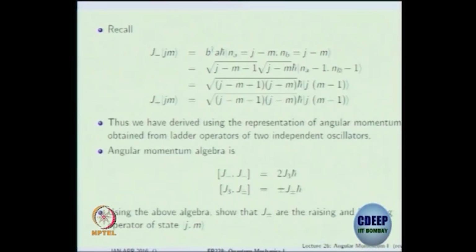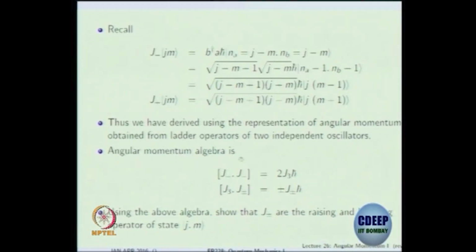Okay, so just to summarize, we have derived, using a representation of angular momentum obtained using two independent oscillators, and the main aim was to keep in mind the angular momentum algebra generated out of them.